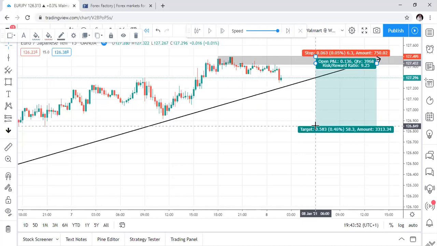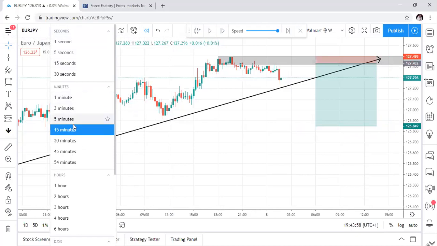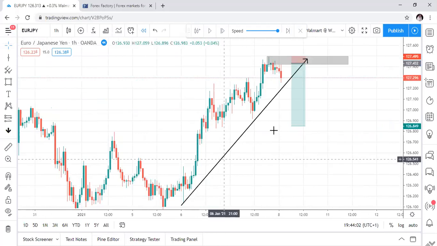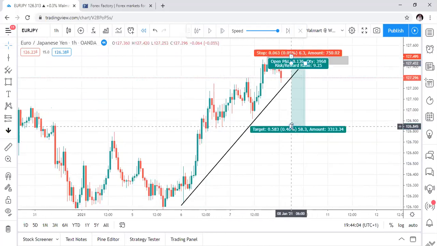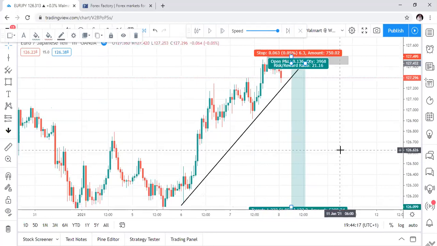If you are targeting your 1 hour equal lows, it will be here. See the equal low here. You can imagine you are using 6 pips to get about 130 pips at equal lows here.